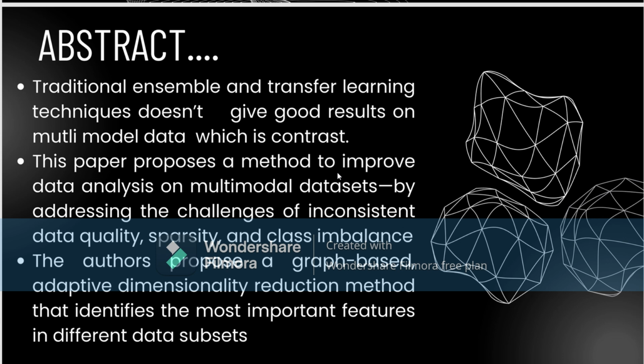The amount of data can vary across sources, and so we have these many negatives. This paper proposes a method to improve data analysis on multimodal datasets by addressing the challenges of inconsistent data quality, sparsity, and class imbalance. This will try to cover all of these.